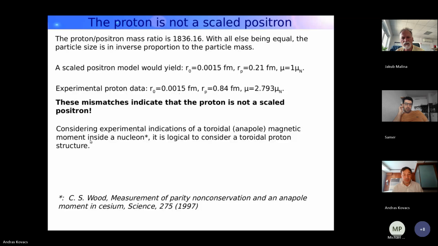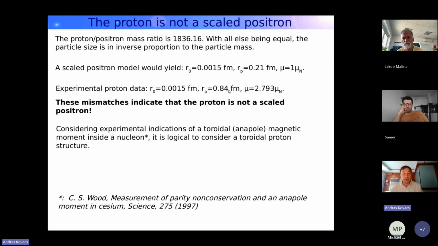I can imagine, not the magnetic moment, but the RP, for example, the error bars, the experimental error bars, are they taken into account somehow? These are quite precise measurements. Especially the magnetic moment is measured to many digits.